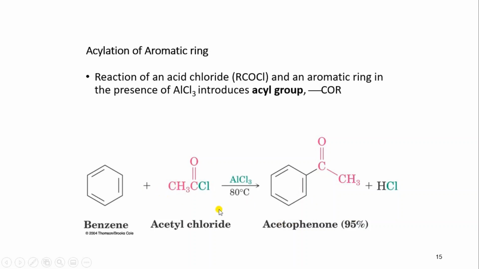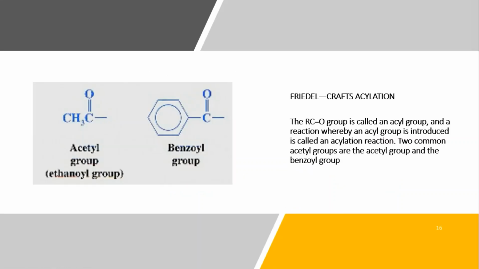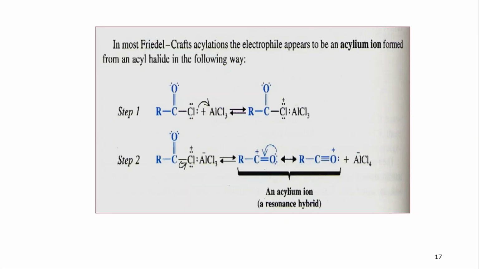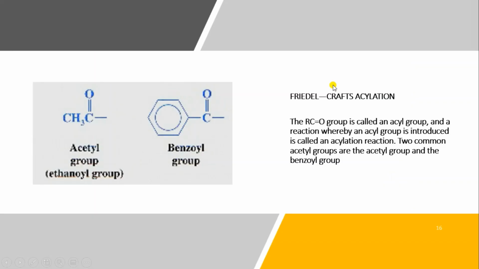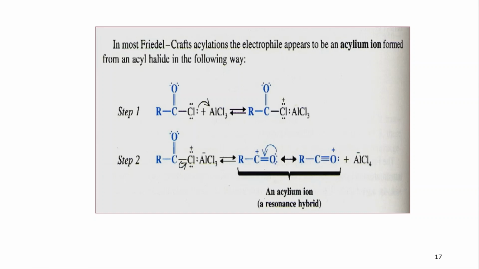I will be sharing one of the examples with you, that this acyl halide is reacted with AlCl3. This Lewis acid again has the same role, that it is polarizing the bond between the C double bond O and Cl.